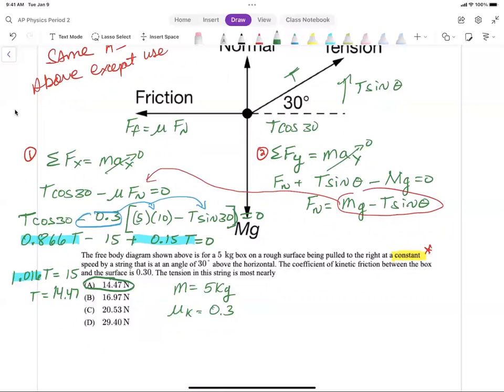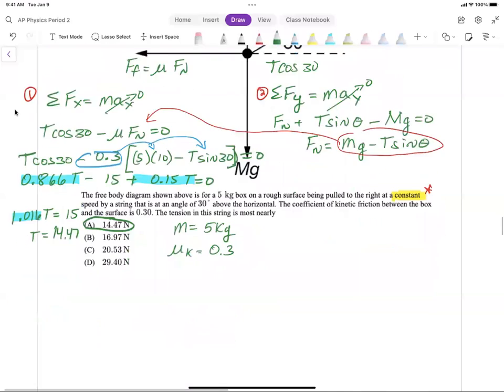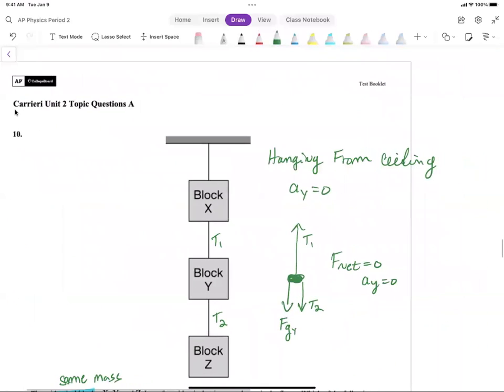It's the same as 0.5x squared plus 1.2x squared. That would be 2x squared, okay? So those are the same terms, you add them, and then you solve for T, and T was 14.7 newtons, okay?